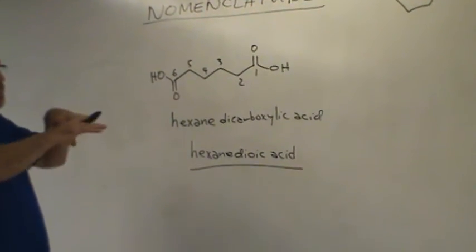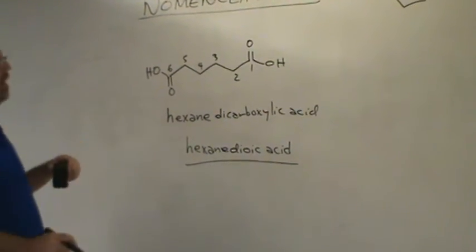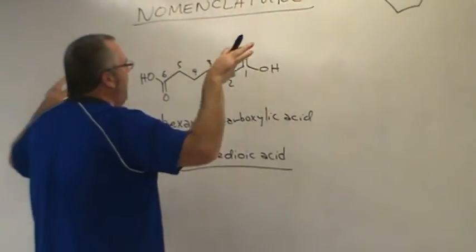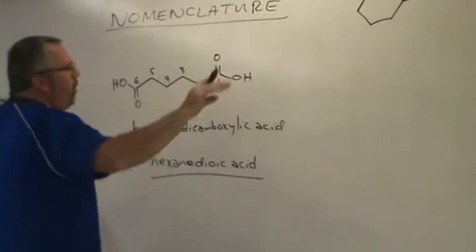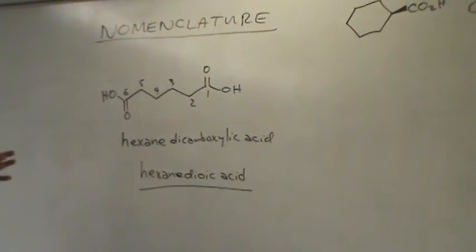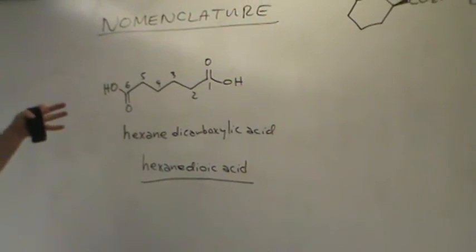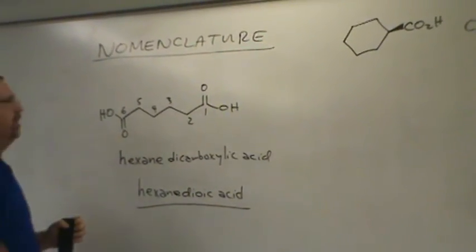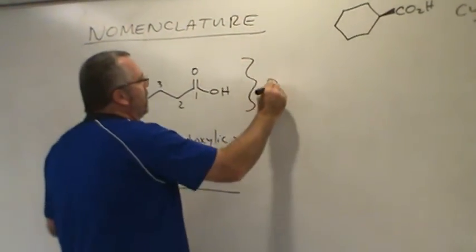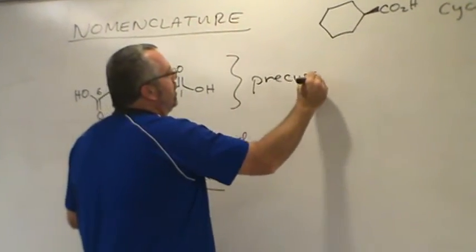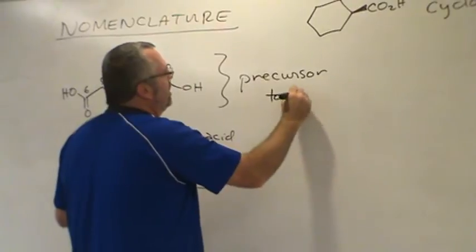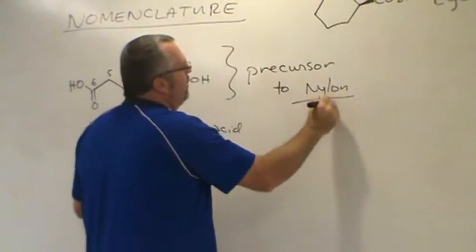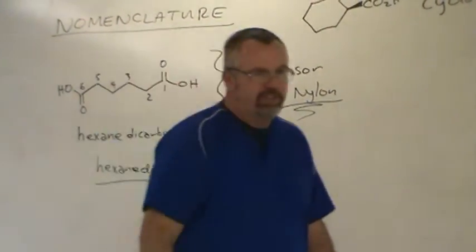And if you react them with another bifunctional compound, you can just continue to get reaction at both ends, which grows in both directions. Pretty soon from a small molecule into an oligomer and eventually into a polymer. So this is actually a precursor to nylon, which is a very common and well-known polymeric material.